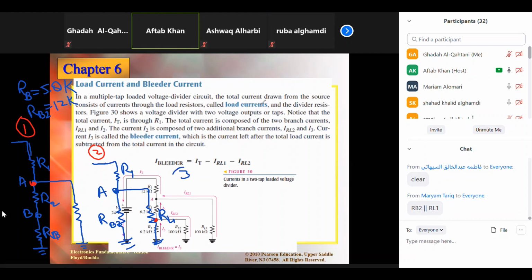Okay, so third step. Just use the same color. Third step, and blue color is okay if it is visible to all of you. Just a minute.